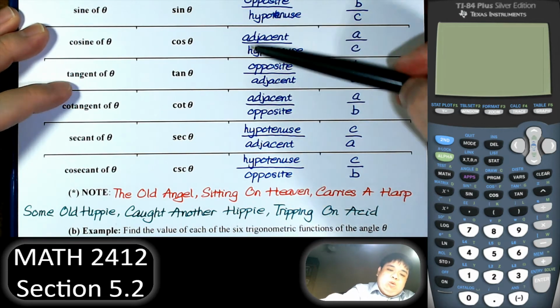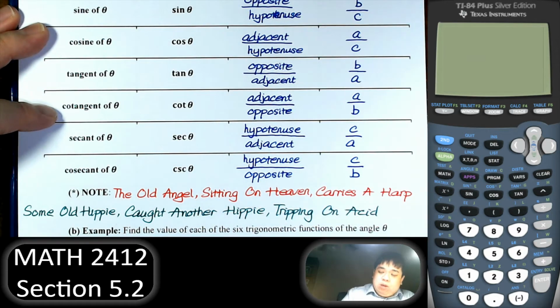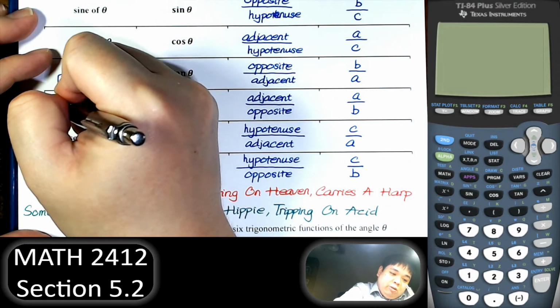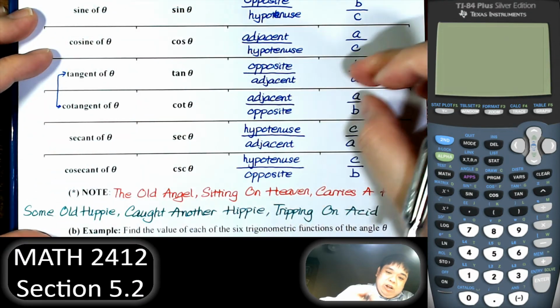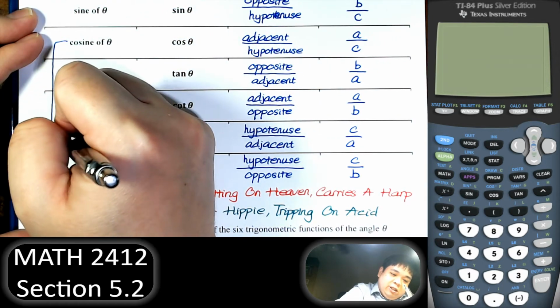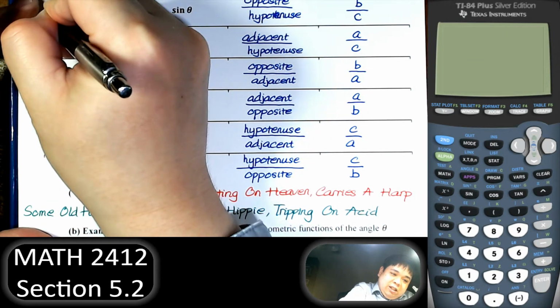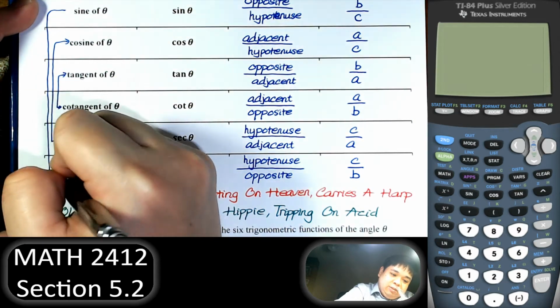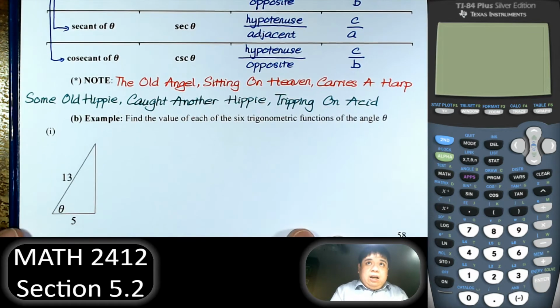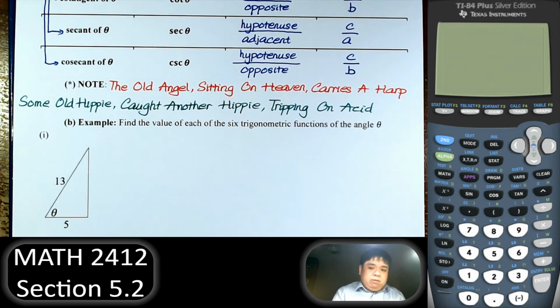Usually we just need 3 of them, and the other 3 are reciprocals. So these 2 are reciprocals of each other, meaning we just flip. These 2 are reciprocals of each other, and sine and cosecant are reciprocals of each other. Right, now that's simple enough.